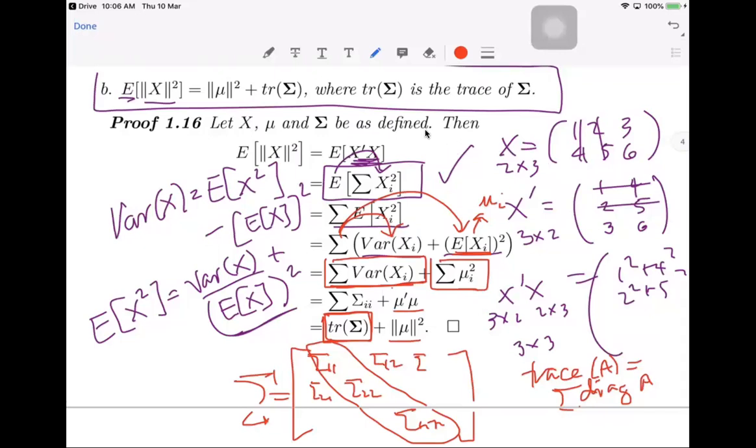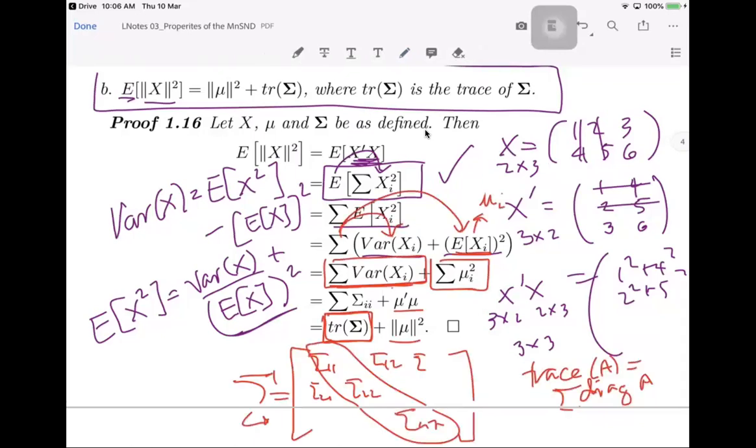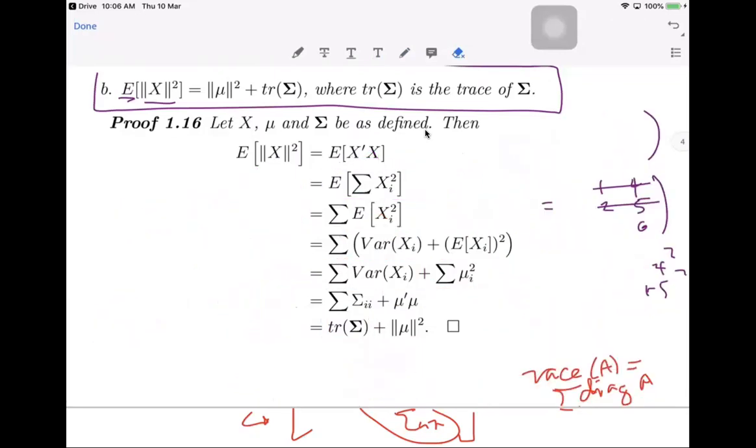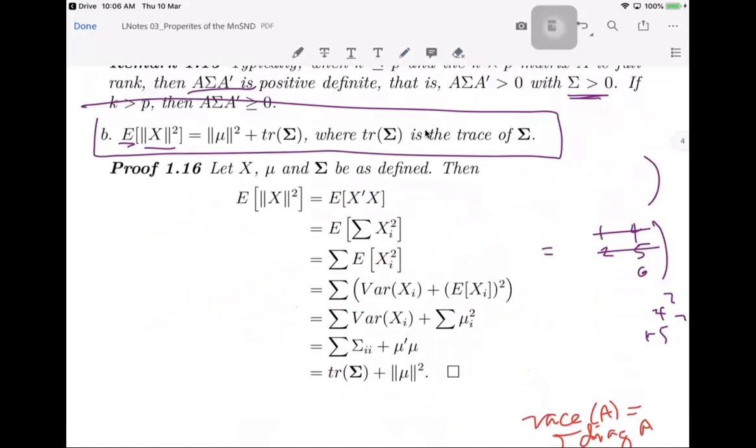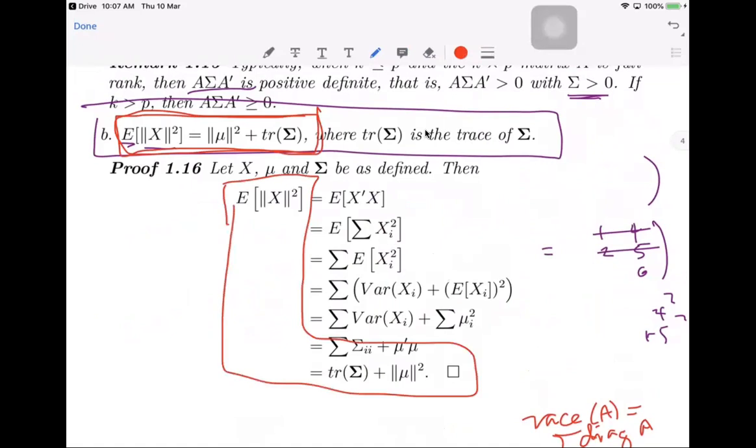Ma'am, what is the dimension of your result? This is what we want to show, the trace. Okay, which line did you not understand?